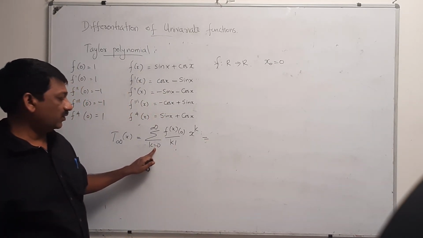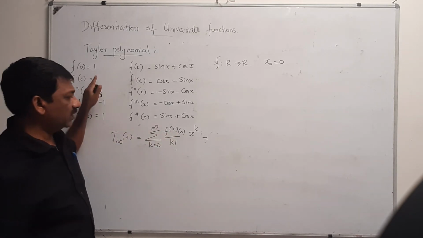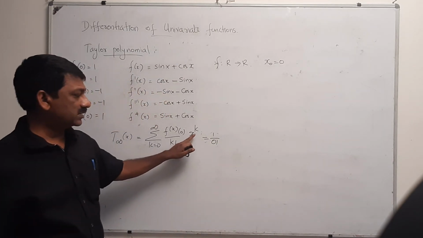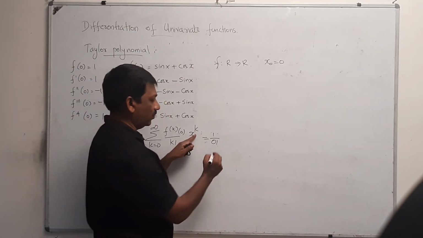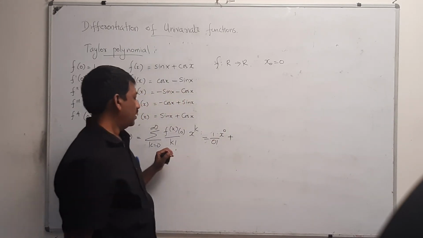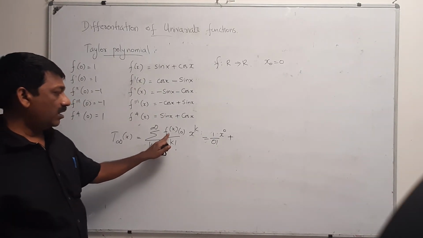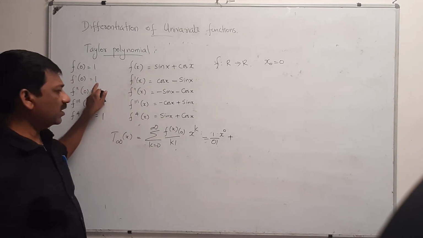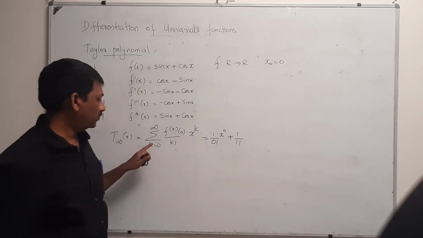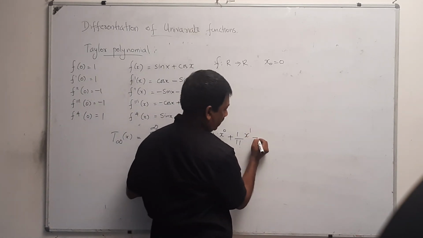When k equal to 0, what is f k of 0? f of 0 is equal to 1, that means 1 into 1 by 0 factorial into x raised to 0, plus. Next is when k is equal to 1. f1 of 0 is 1, so 1 by 1 factorial into x raised to 1, plus.